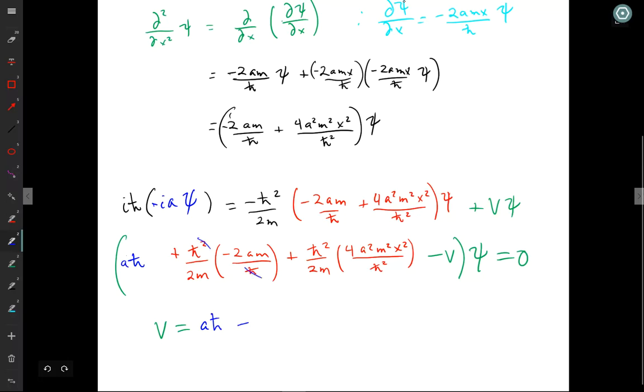Notice one of those cancel, those cancel, one of those cancel. That's a minus a h bar. And then my next term, the h bars squared cancel, the m cancels, that becomes a 2.